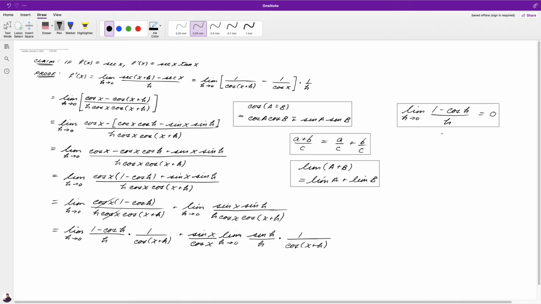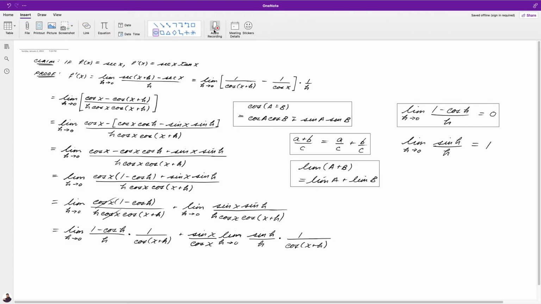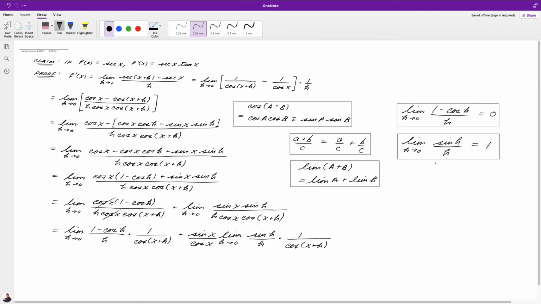But for now, I'm assuming that the viewer is comfortable with this. I'm also assuming that the viewer is comfortable with this. The limit as h goes to 0 of sine h over h is equal to 1. Again, these two I will demonstrate the veracity of in a coming video, or videos rather, and I'm going to use a diagrammatical argument in each case. Very good.